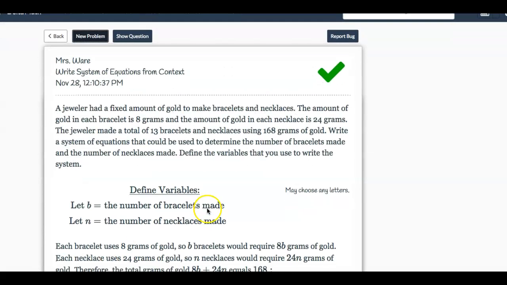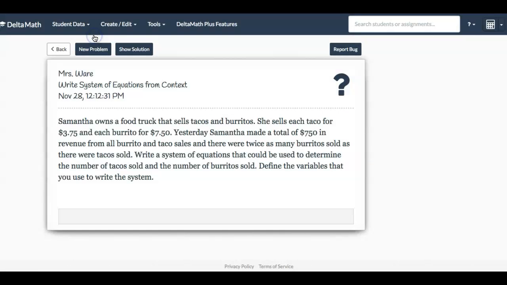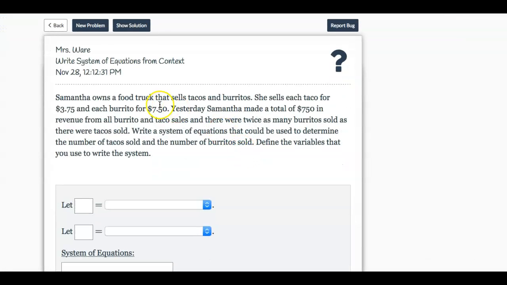Okay. So let's do one more. These are a little trickier. Okay. We've got a food truck that sells tacos and burritos. So I'm going to put a T on my paper and a B for burritos. Each taco is $3.75. So I'm going to put $3.75 under my taco, $7.50 under the burrito. And she made a total of $750.